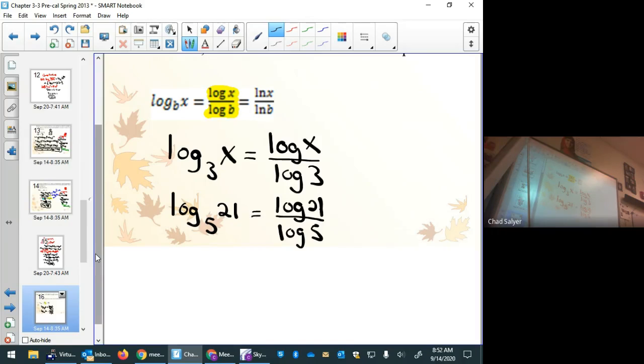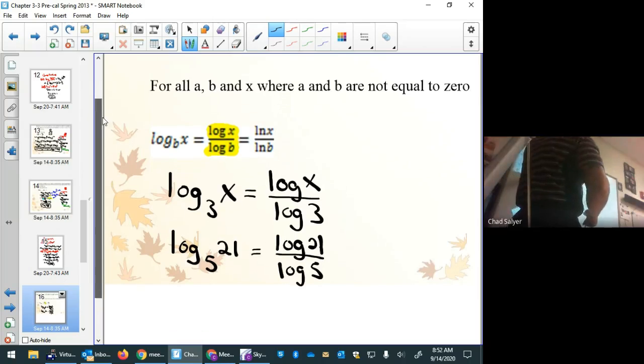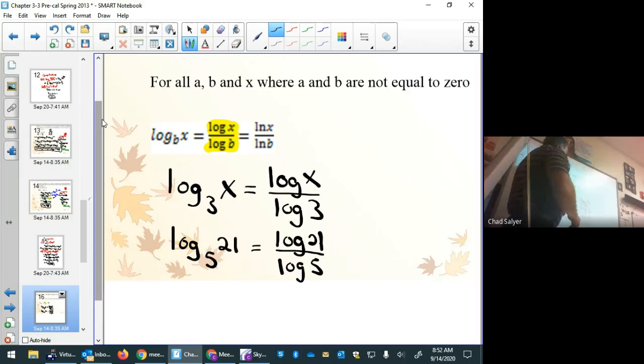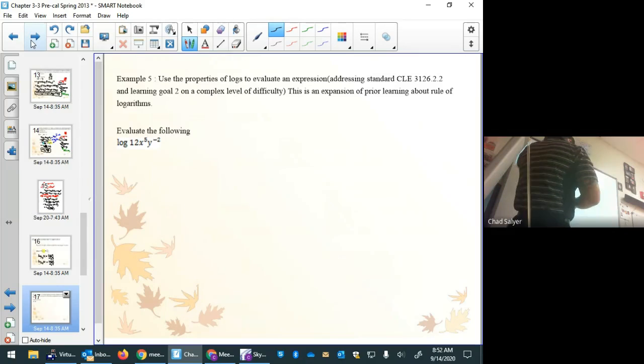I have noticed among people with graduate degrees in mathematics, the natural log is a little more ubiquitously used. I'm not sure why. This is called the change of base rule. All right, so let's evaluate this expression.